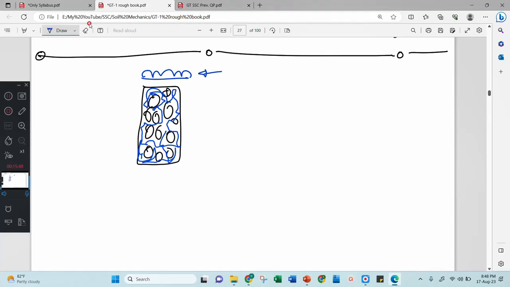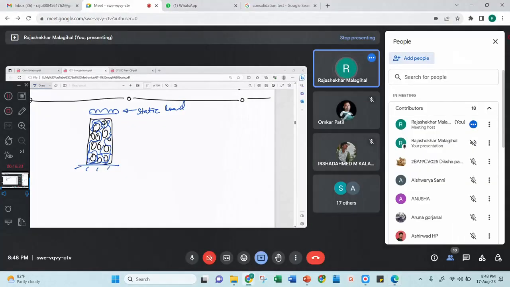But application of static load is not the correct reason. Expulsion of water is happening because of what? Can you guess the correct reason? Why is the soil allowing water to escape? Which property is making this consolidation happen?